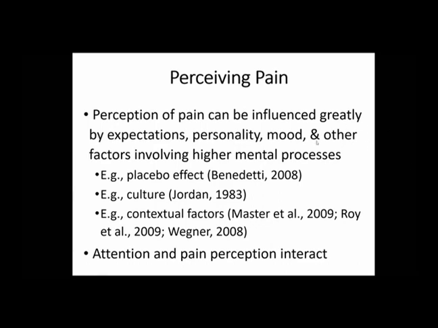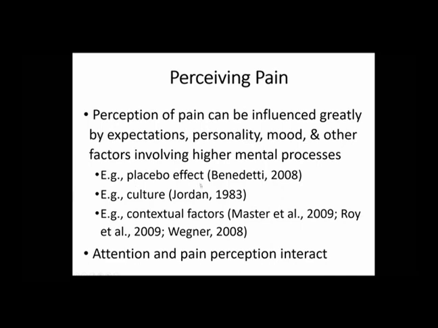And there's lots and lots of other things. We can break it down into all sorts of different factors, but if we've learned anything about humans and how our brains work, it's that things can get complicated, and our higher mental processes can really influence our perceptions.